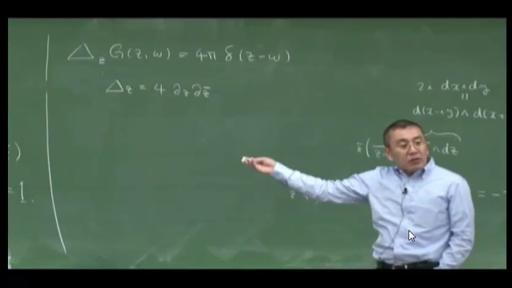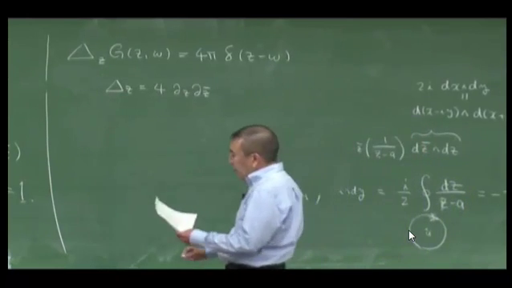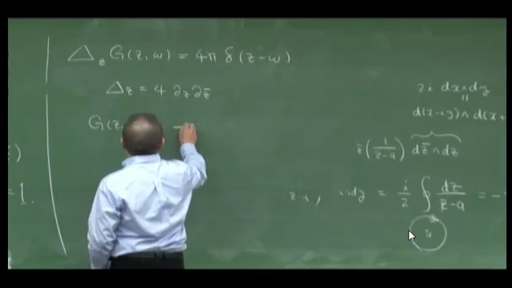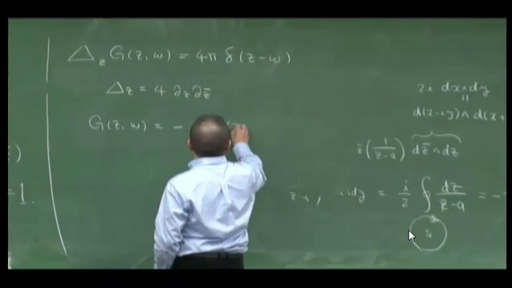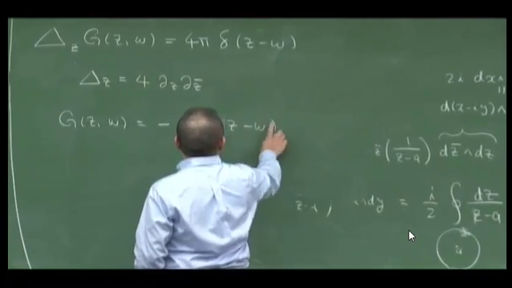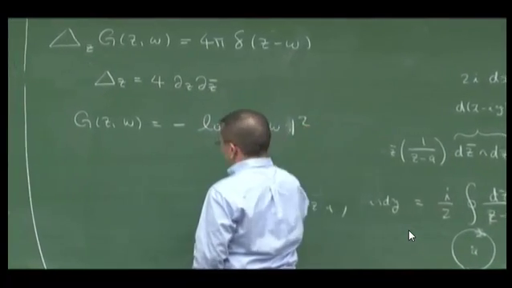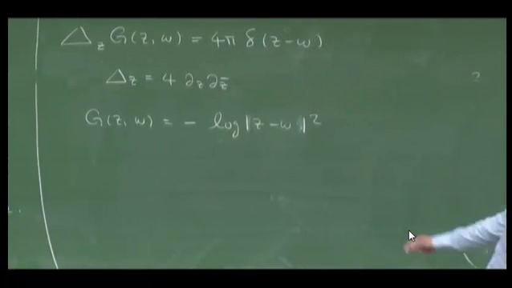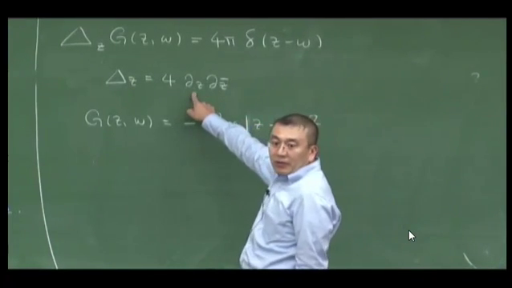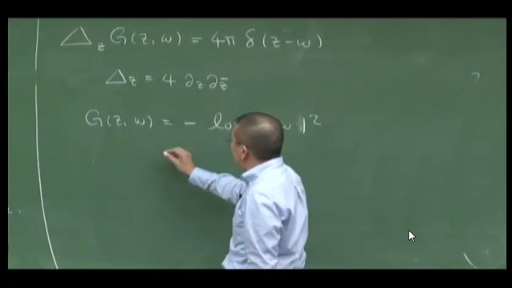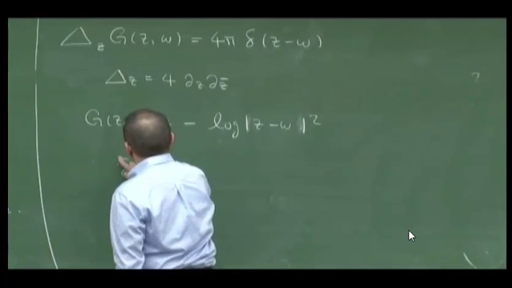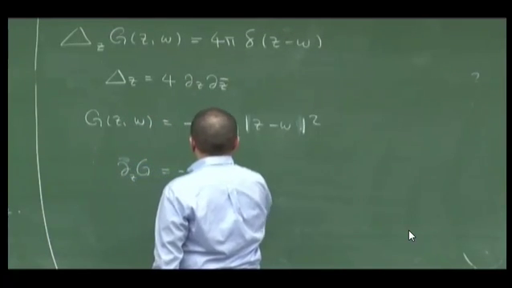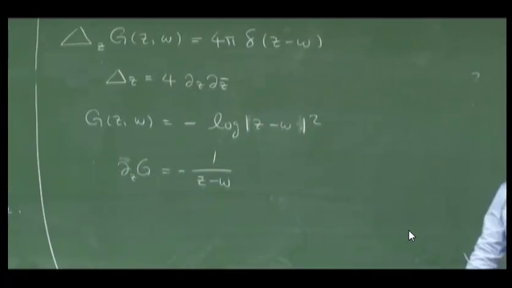Okay? So then we see that we can solve this equation easily by setting g to be equal to minus log of the absolute value of z minus w, squared. Because if I take, for example, the derivative with respect to z, this gives you minus 1 over z minus w.